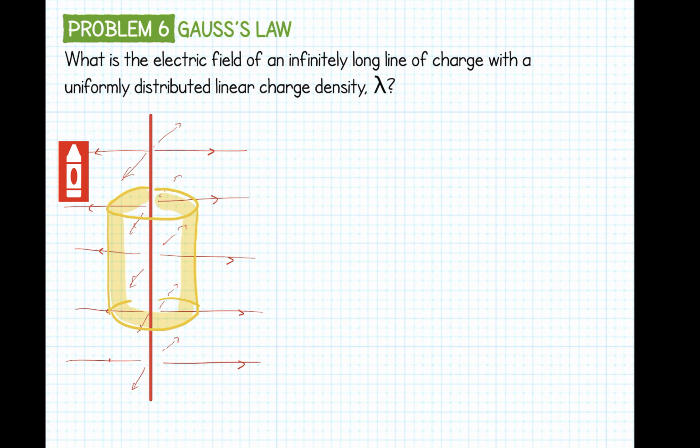And once again, since this is a line, it's a one-dimensional object, and you can't really be inside the line, so we don't have to worry about what's going on inside the line. But you can see the cylinder starts here and ends here. So that's our line of charge.